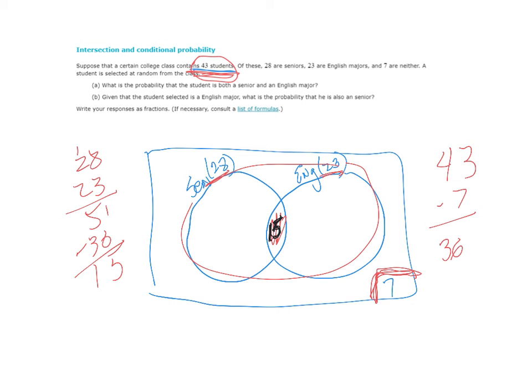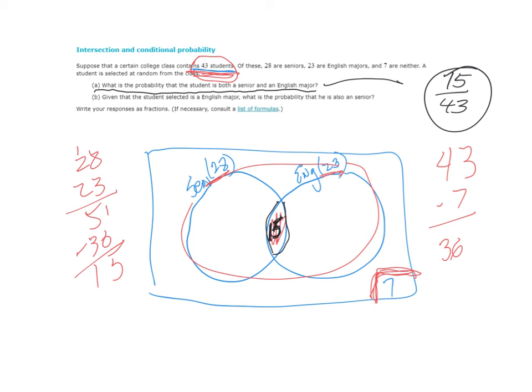Okay, so that's really the key to this problem, is figuring out what goes in this little sliver right here. All right, so 15 of those folks overlap. So now I can answer this problem question that says, what is the probability that a student is both a senior and an English major? Okay, well, I know there's 15 of those folks. Okay, 15 out of 43. So I got a 15 out of 43 chance of being a senior and an English major.